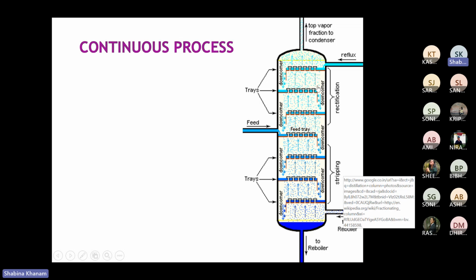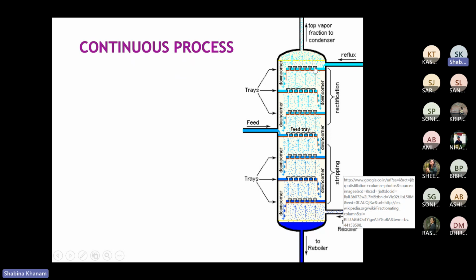And the vapor which is coming from the bottom passes through these holes which are made over the plate, and liquid will be available at the surface of the plate.